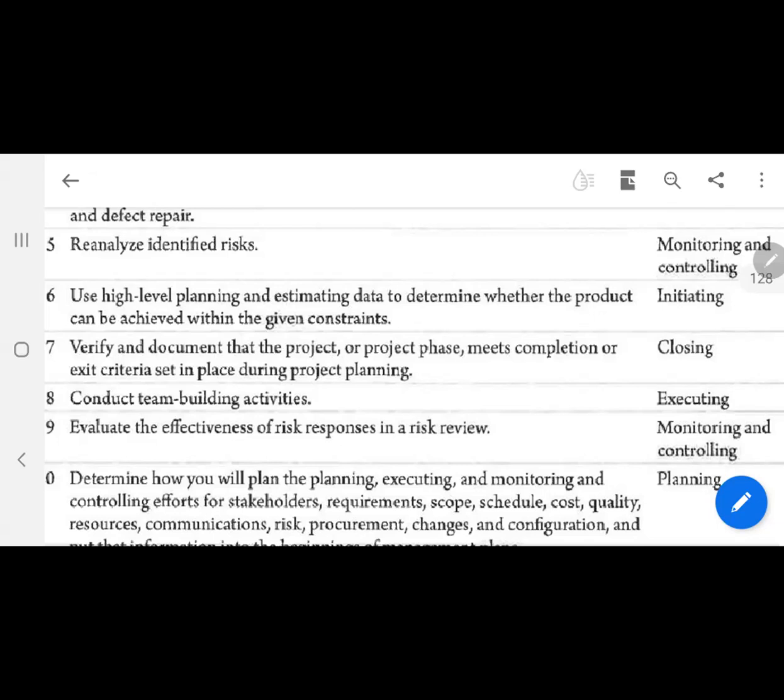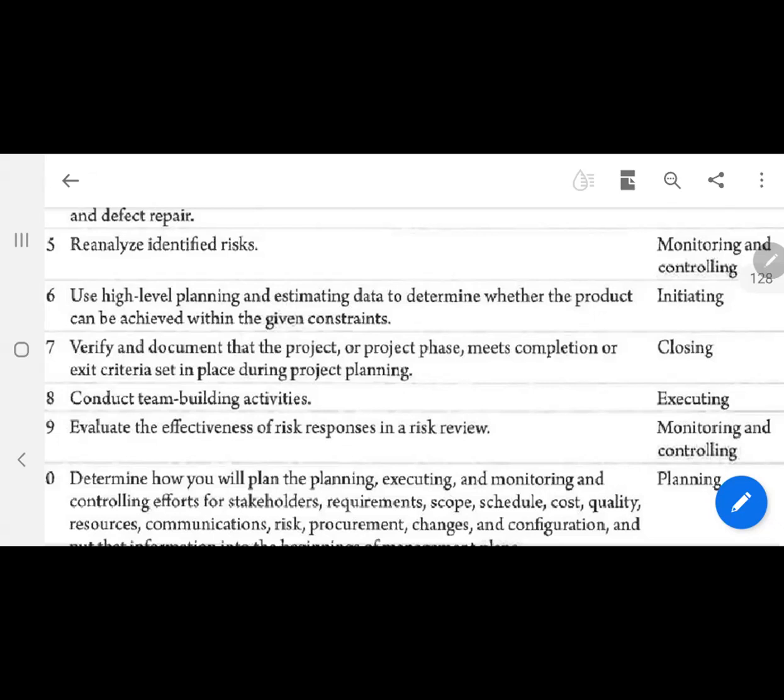Then conduct team building activities is executing actually. And truly, if you have mastered your 49 tables, you will see develop team, manage team, all are under the executing process. Develop team, like conduct team building activities, is executing. Evaluate the effectiveness of risk responses in a risk review is monitoring and controlling.